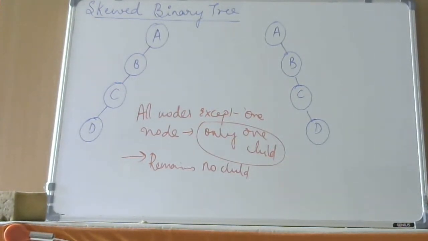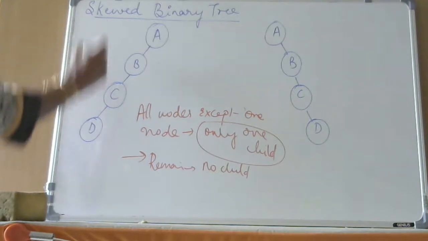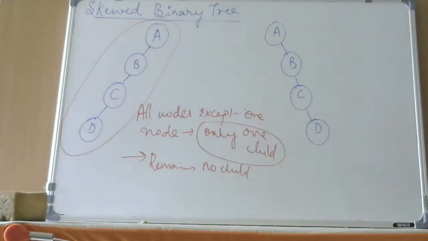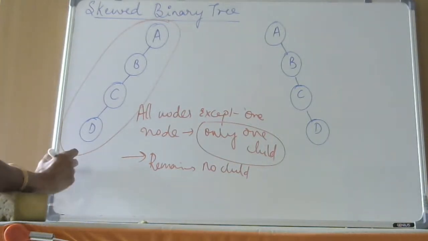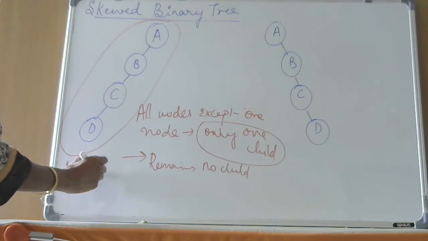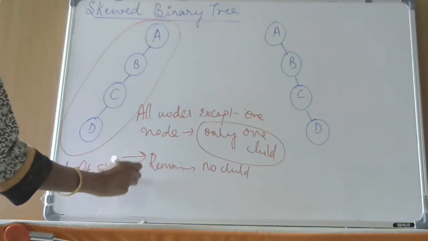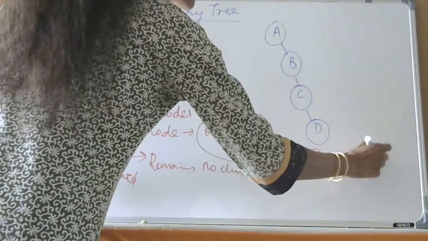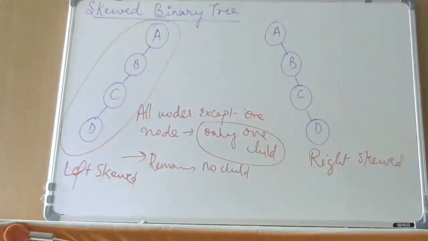Generally, skewed binary trees are classified into left skewed and right skewed. If you see an example, all the nodes are having only one child. Is it not? So this way you call this a left skewed binary tree. And this one is also a skewed tree, but it is a right skewed binary tree.